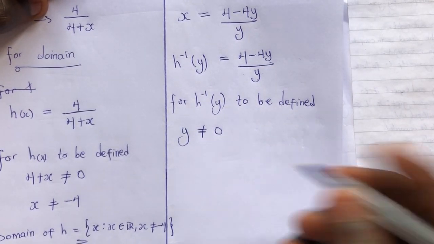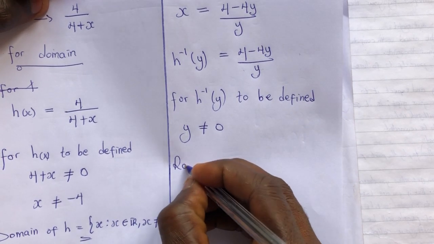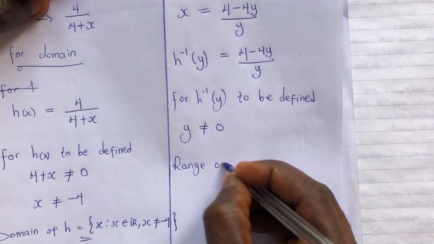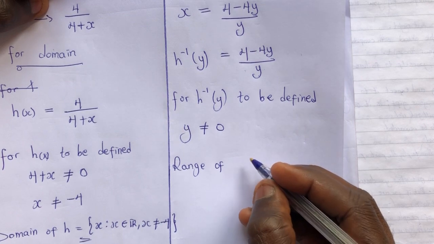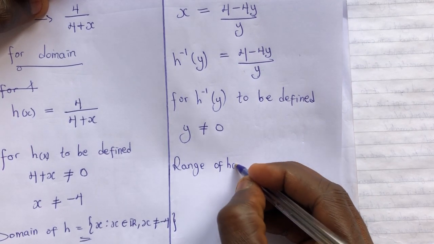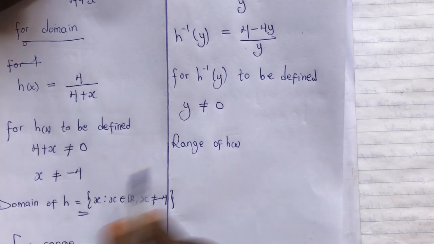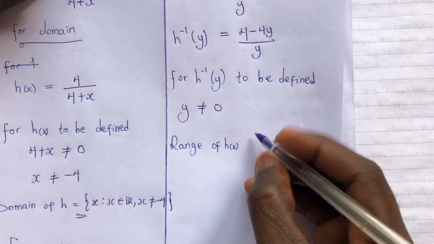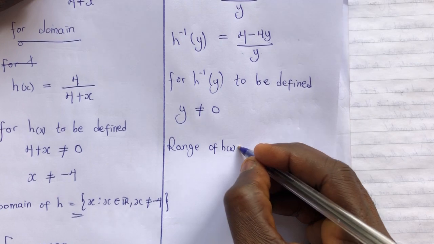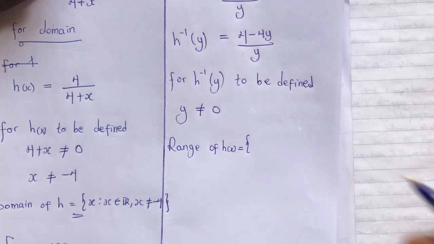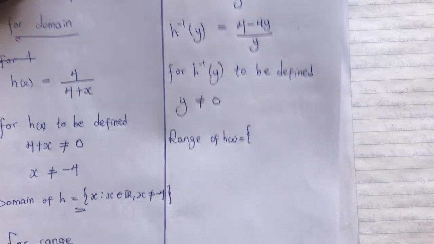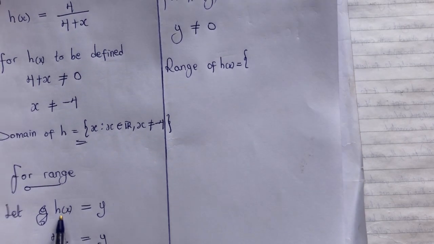So therefore, we can say that the range of the function given to us, h of x, equals, we also know that y equals h of x from here.